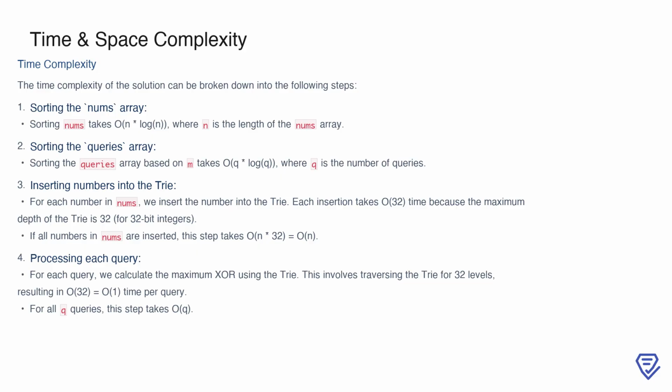Since the maximum depth of the tree is fixed at 32 for 32-bit integers, each insertion takes O(32), which simplifies to O(1). Therefore, inserting all n numbers takes O(n). Finally, for each query, we perform a tree traversal to calculate the maximum XOR, which also takes O(32), or O(1), per query. With q queries, this step totals to O(q).